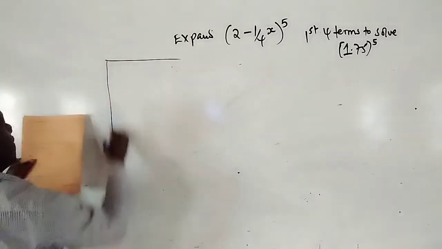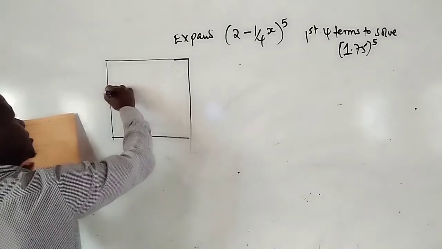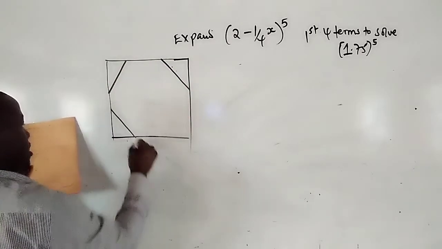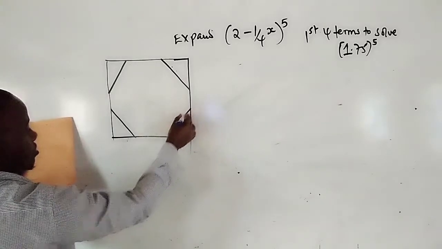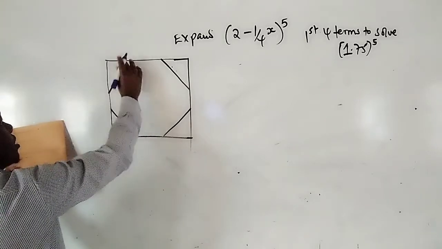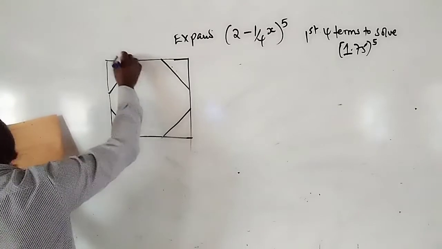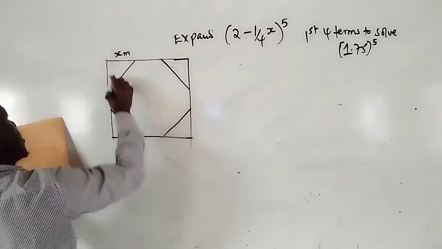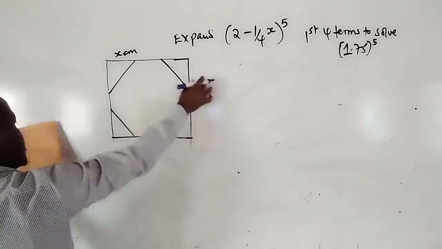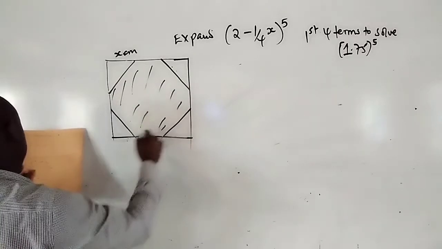Therefore, we have a square card where 4 isosceles triangles were cut, and they are equal to x centimeters, like that. So this is the octagon which was to be cut.